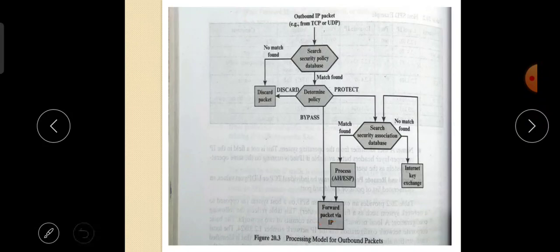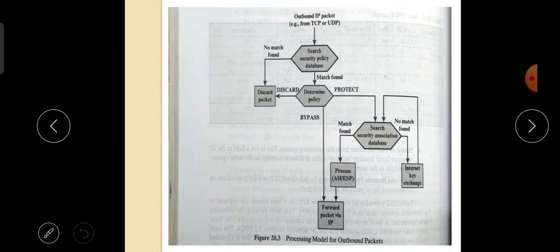And the fourth step: by determining the policy, if it is discard, then discard the packet; if bypass, then forward to the network; and if it is protect, then a search is made of the SAD for a matching entry. That is, search the security association database.